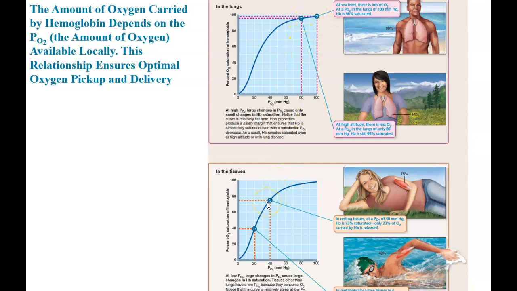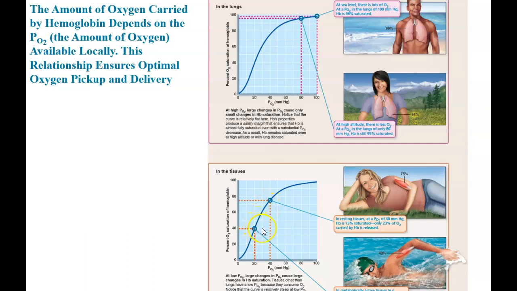But when we go to a lower partial pressure of oxygen, like at 40 millimeters of mercury, here the saturation is going to be at 75%. And if we go from 40 to 20, there's going to be a big change in the saturation of oxygen of hemoglobin, because it's going to drop down from 75% to 40%.